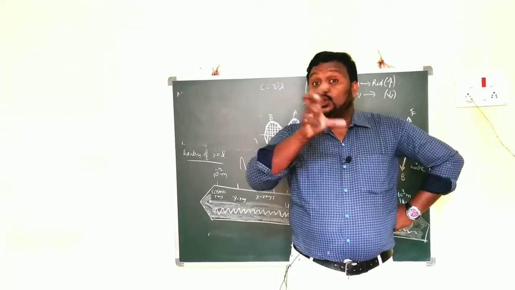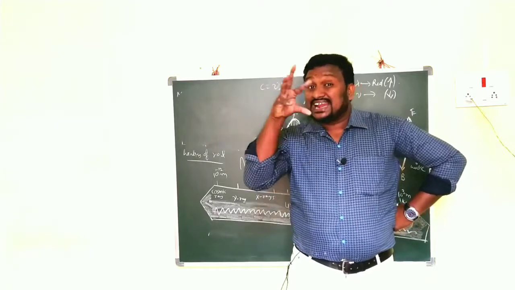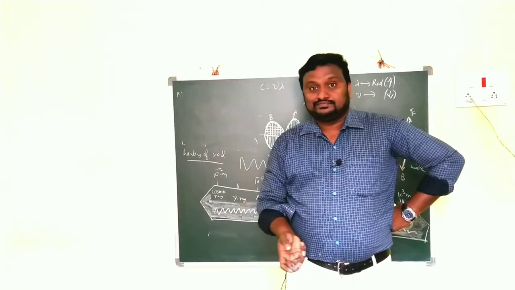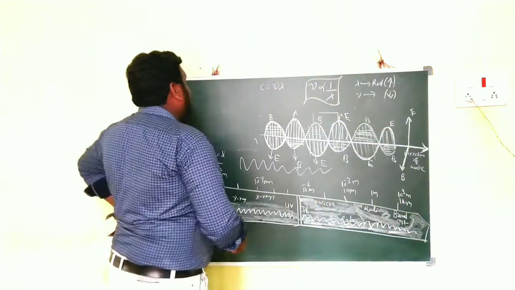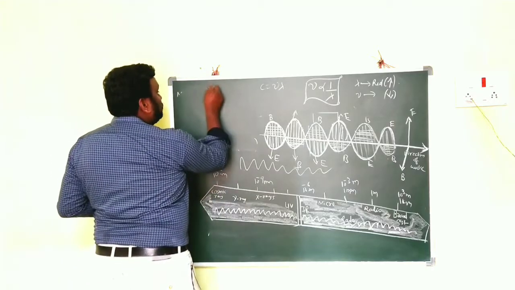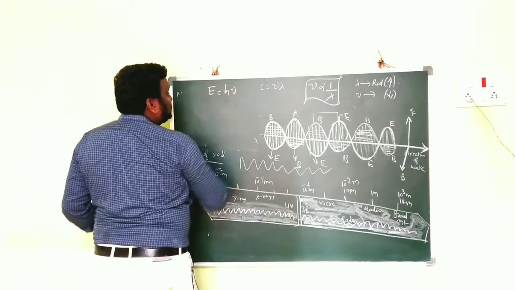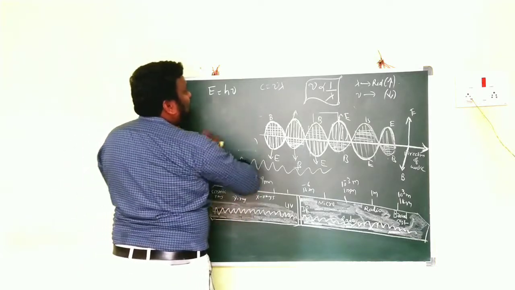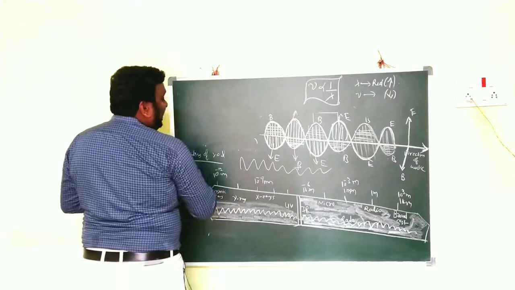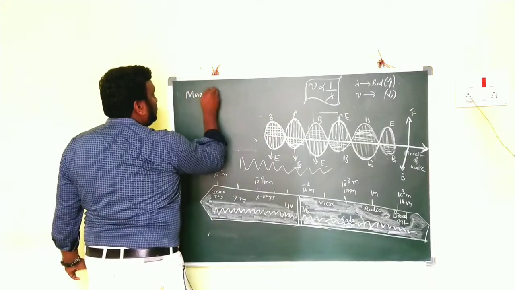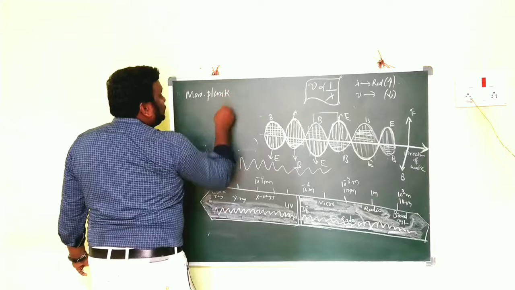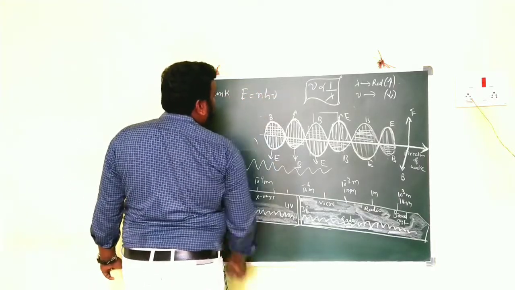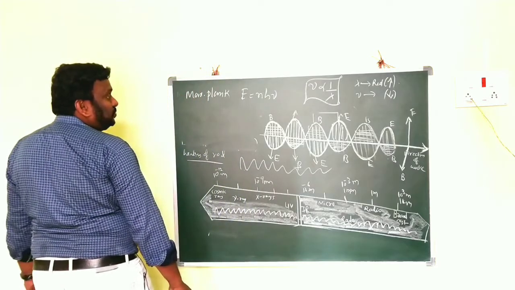Clear? So according to Max Planck, the energy radiated by a particular body, rod or atom should be in the form E = h nu. We call these energy packets. The energy emitted should be in the form E = n h nu.